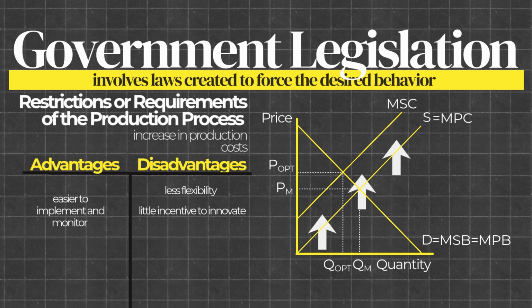So while yes, this will result in a decrease in pollution, it will be much more costly and less efficient than market-based policies. And because the regulation will only increase production costs and not incentivize firms to innovate, that means that only one thing will happen on a diagram. The private cost curve will shift upward to close the gap of external costs.